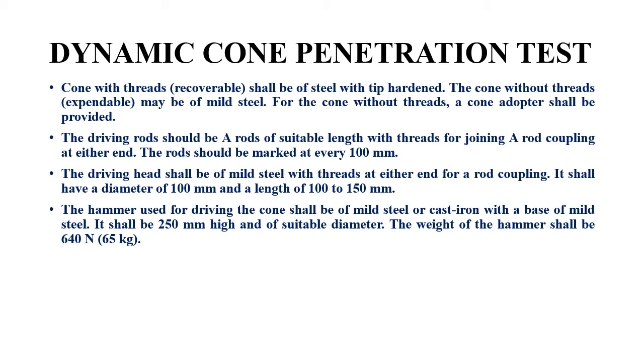Here also we will be actually assessing the number of blows for every 10 centimeter penetration, and therefore the driving rod used in this test will be marked with graduations of 10 centimeter along the length of this driving rod. Okay. Then you have a driving head on which your hammer would come and fall.